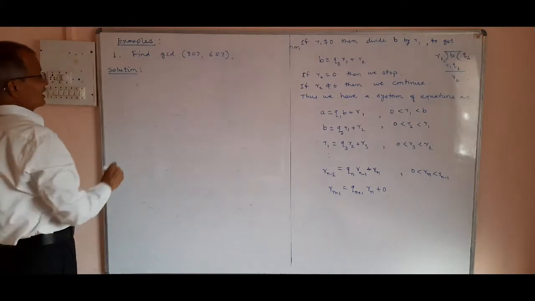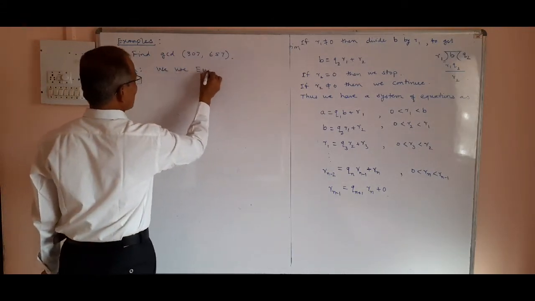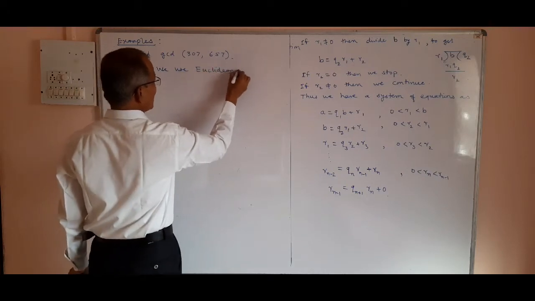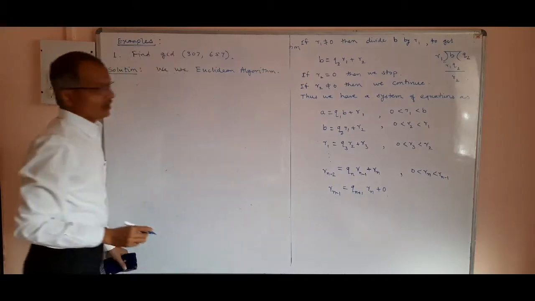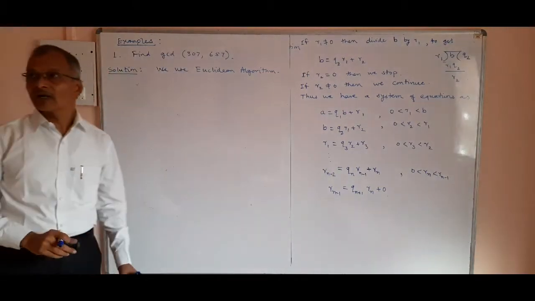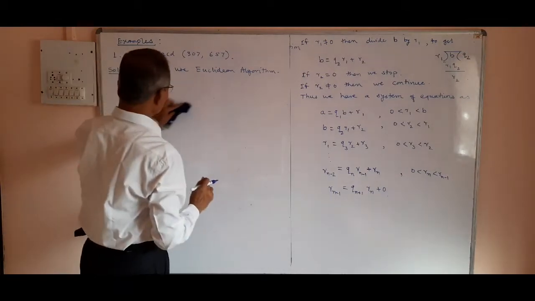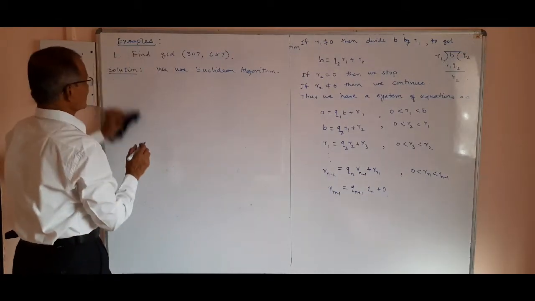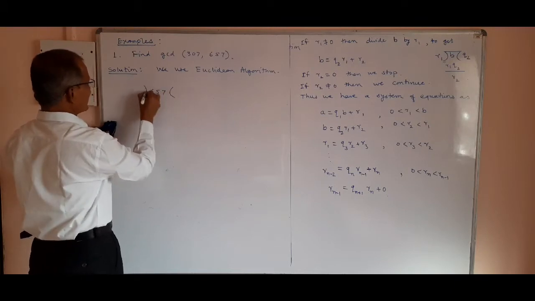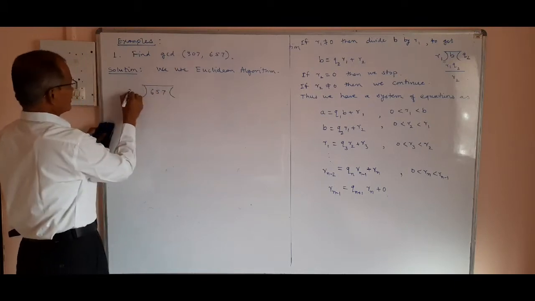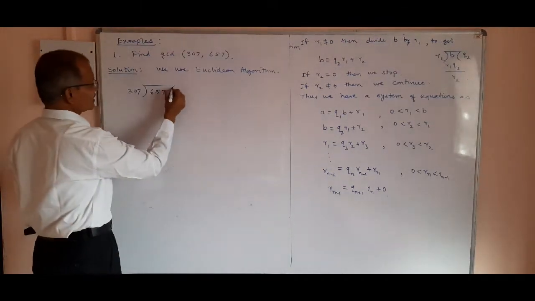We use Euclidean algorithm. And the greater number is to be divided by the smaller number. So we write this as 657 is greater. So 657 divided by 307. Now see the quotient. Quotient we shall write here.